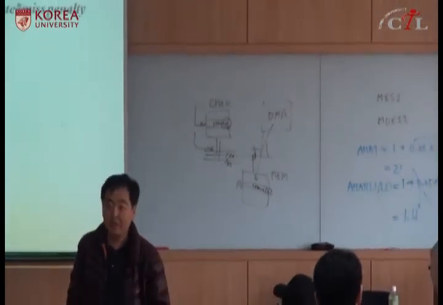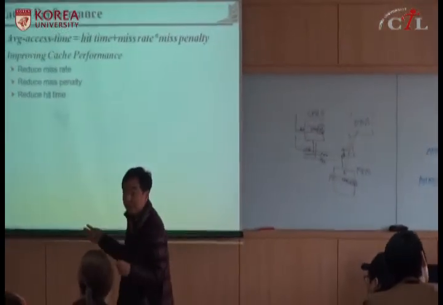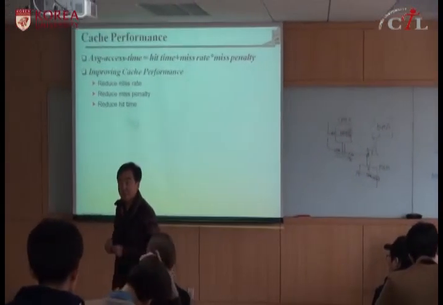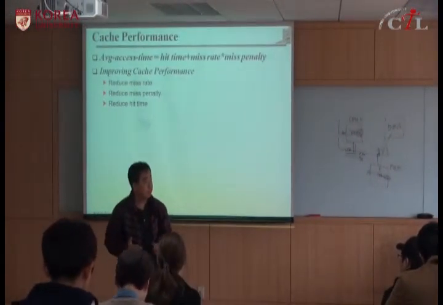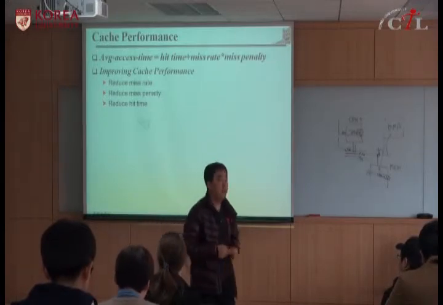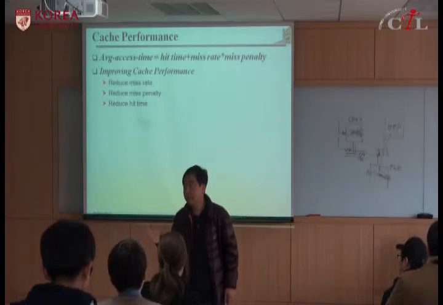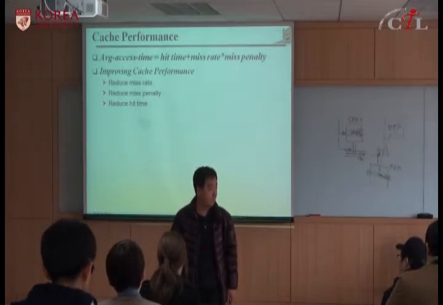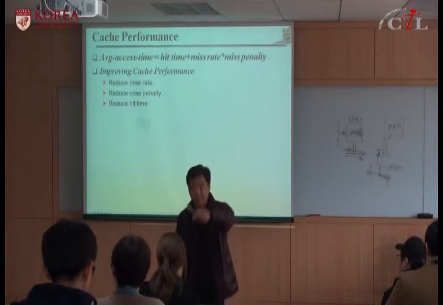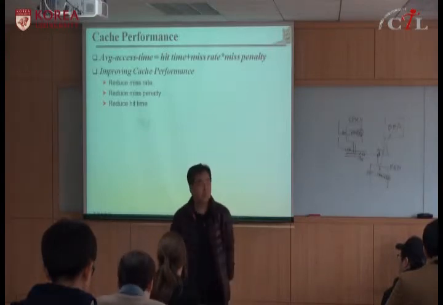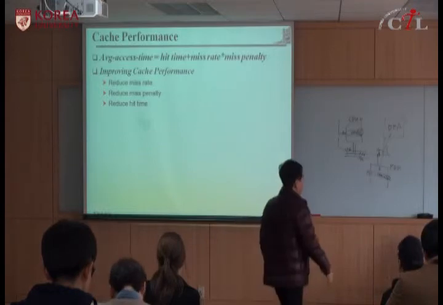In the future, we might have 5th levels of cache or 6th levels of cache, because processor speed, according to Moore's law, grows about 52% per year, right? But memory speed is only 5% per year. It's an exponential gap. It's growing further and further, so we need extra levels of cache.